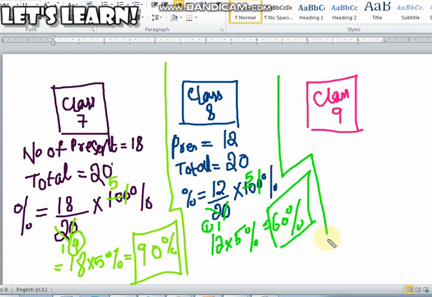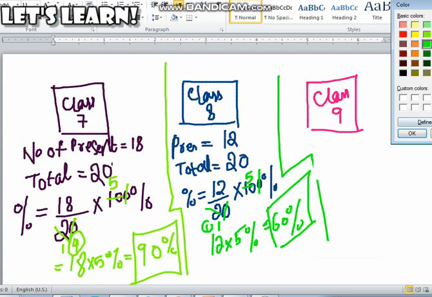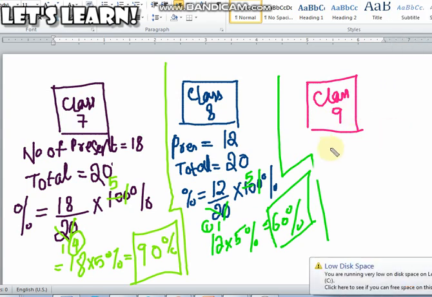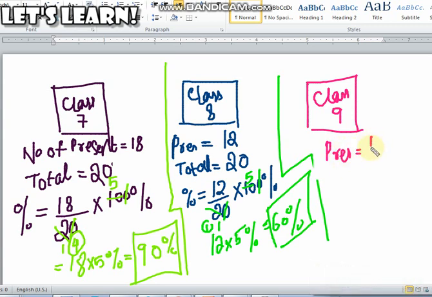So let me give you a homework here. You will be calculating the percentage for grade 9. So let's say we have 16 children present in the class, and the total number of students is 22.